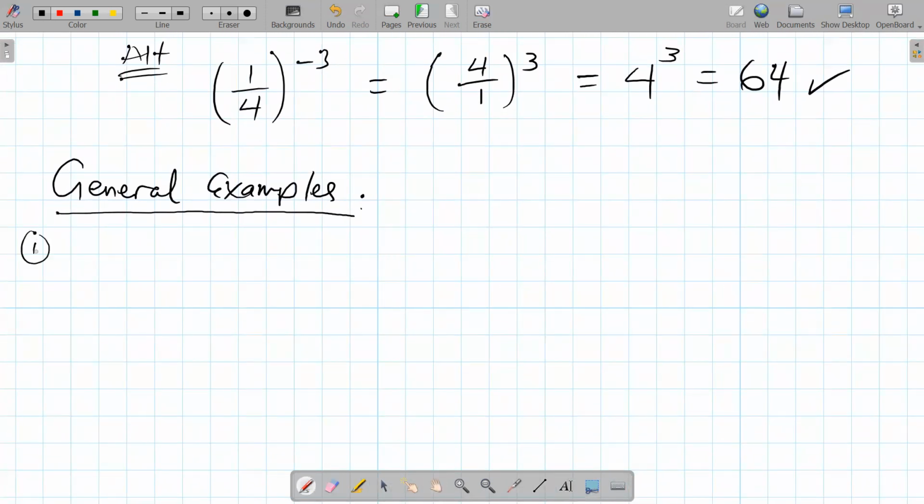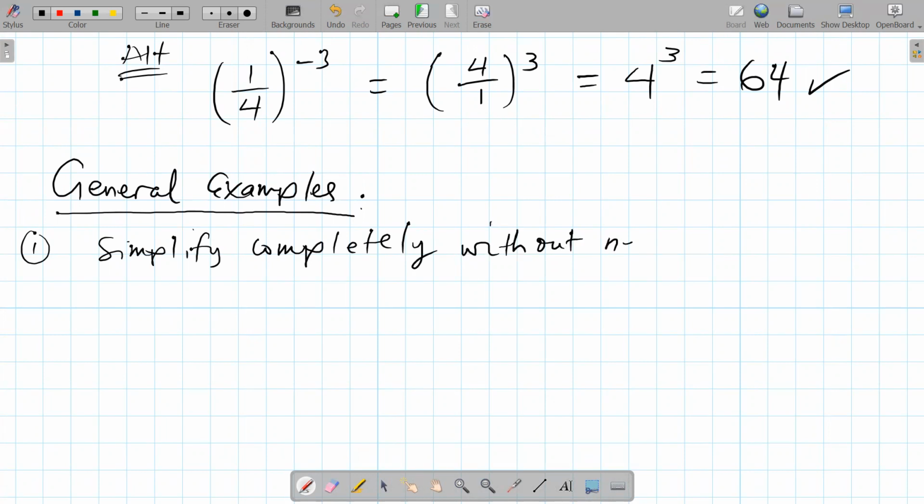Let's look at question 1. It says simplify completely without negative exponents.